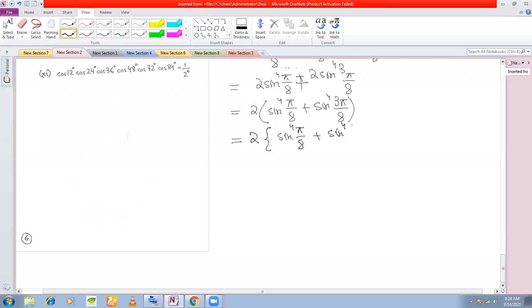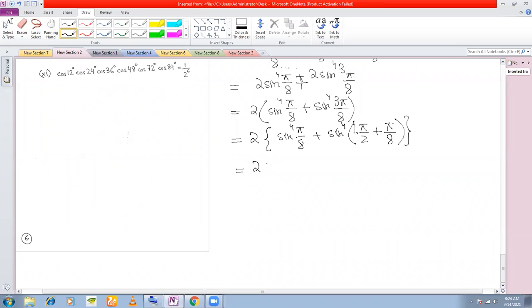Now 3 pi by 8 can be written as pi by 2 plus pi by 8, right? And you can write pi by 2 as 1 into pi by 2.